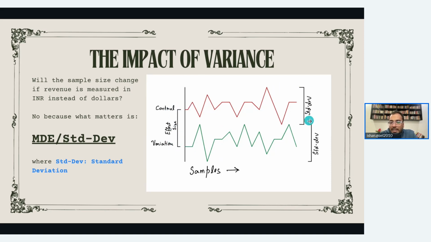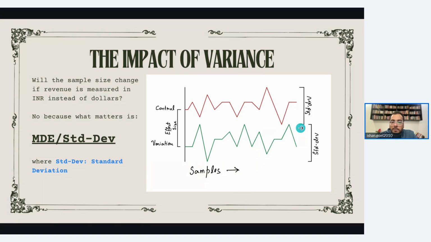And how much they fluctuate represents the variance. So you can intuitively imagine that if both of these metrics fluctuate too much, in the sense that they start to overlap, so if variance is larger than the effect size, then you'll be less confident about the winner.